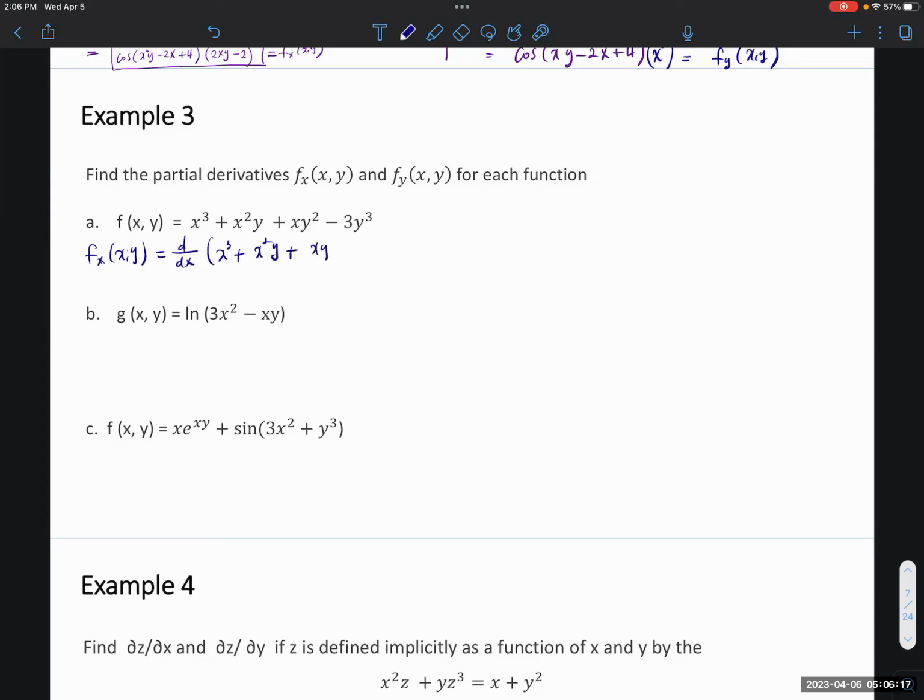You can separate it if you want, but I'm just going to simplify. So that means 3x squared for the first one. And what do you guys think about this one? y will be the constant, so I don't care. Oh, actually, y is a constant, so I just made a mistake. y is the constant, so 2xy remaining, isn't it?